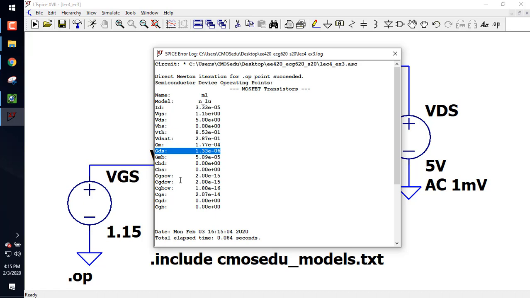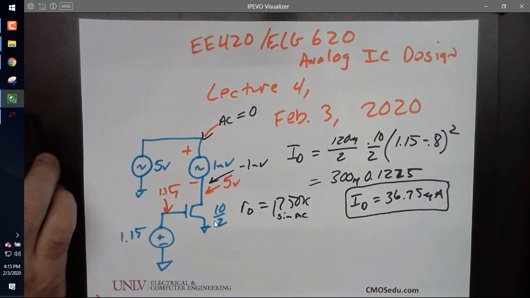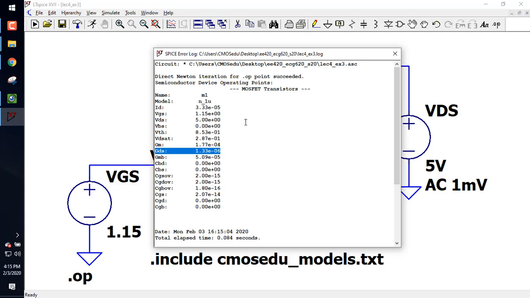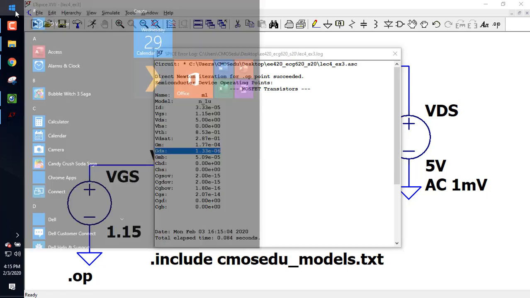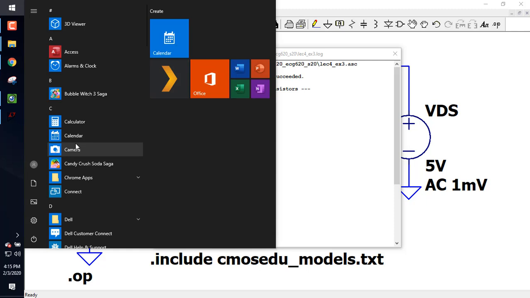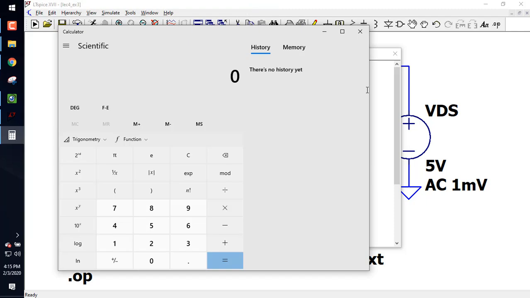What does that mean? The conductance between the drain and the source, but I want resistance, because if you look, I put resistance here. So how do I get from the conductance GDS to resistance? Let's see what we get. Calculator.